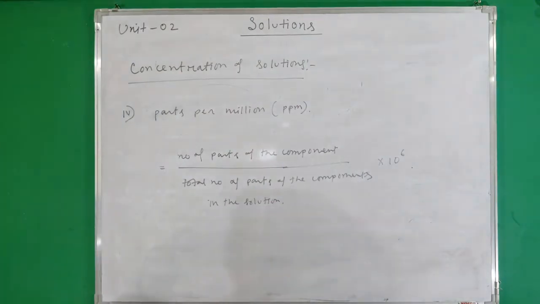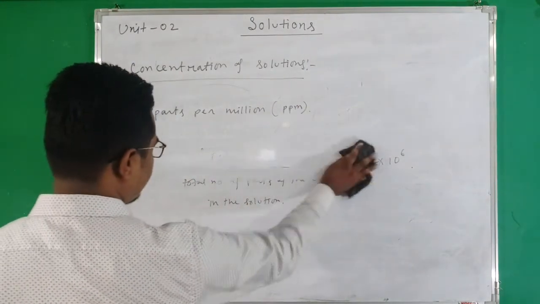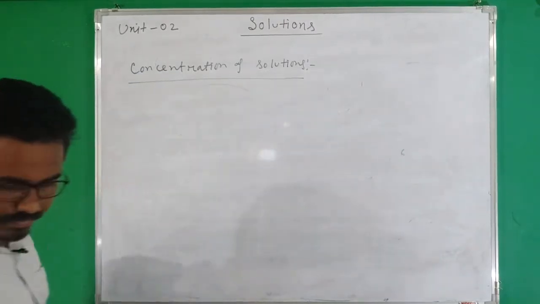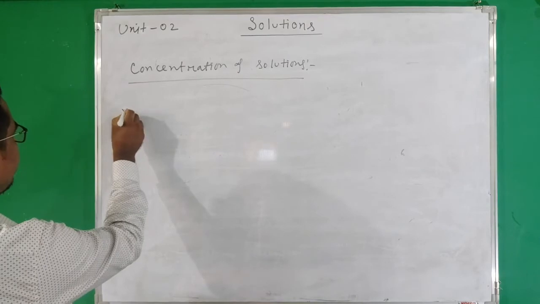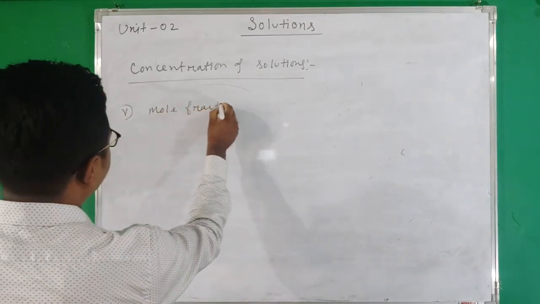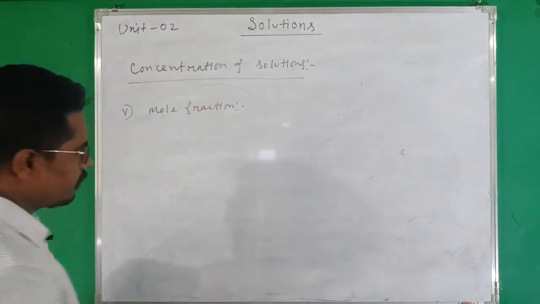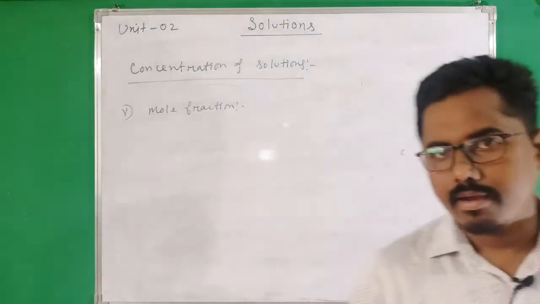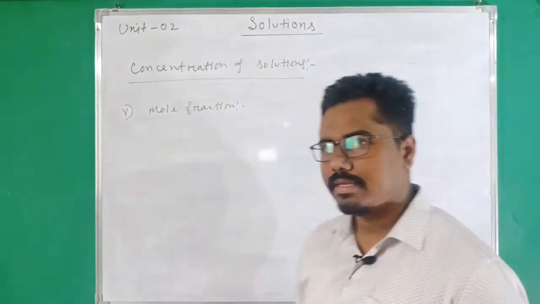Next, the concentration is expressed in another way, that is mole fraction, number 5. We know fraction means ratio. Here mole fraction means ratio of moles.